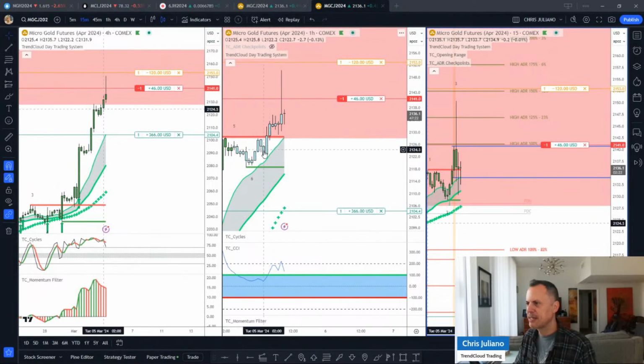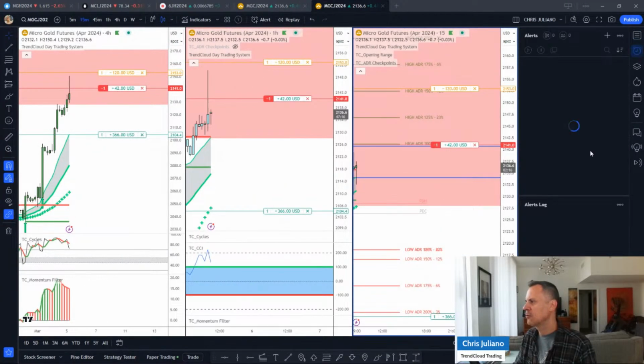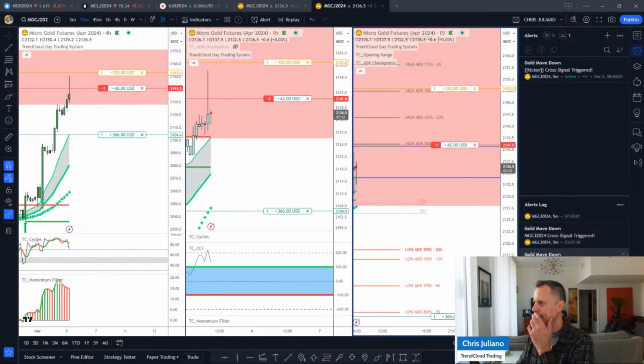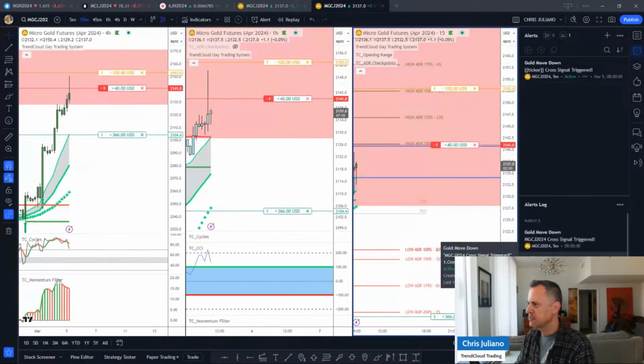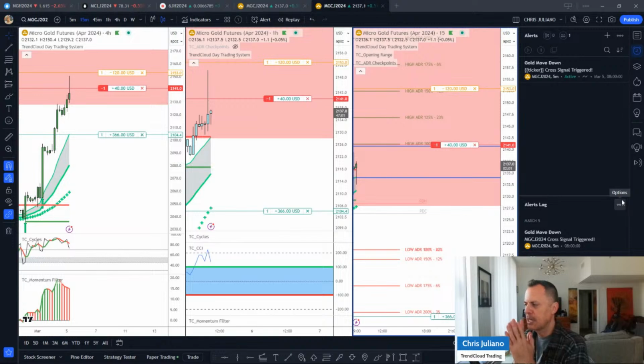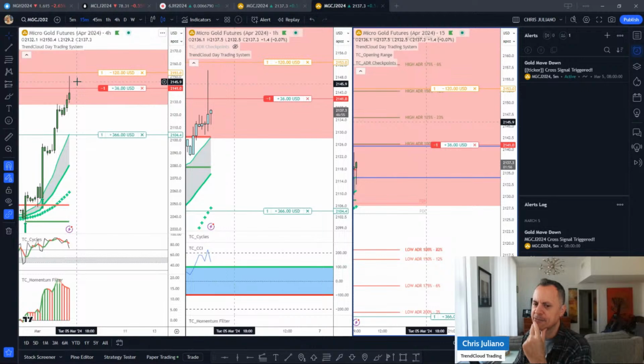I was very excited to see, and we were getting our alerts, right? We set an alert on gold, and look at all the alerts it gave us. It gave us all of these alerts for the crossover on that 5-minute chart. So we said to ourselves, okay, we're getting the alerts, we're inside or getting close to being inside of this high time frame supply zone.